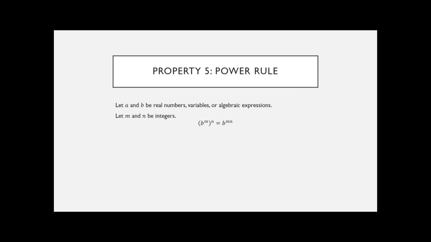So if I have, let's say, 2 to the 5th, and then I have another exponent of 2, you multiply the exponents, and that's equal to 2 to the 10th power. And this comes about from if we expanded what 2 to the 5th squared means. That's 2 to the 5th times 2 to the 5th.